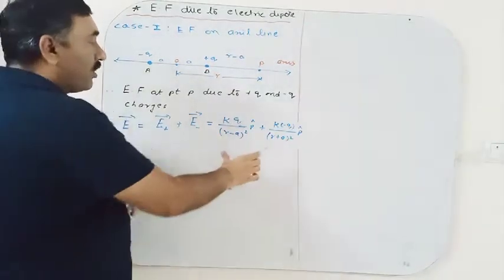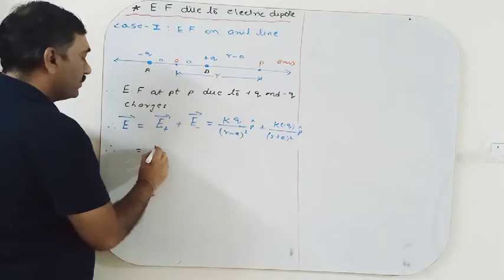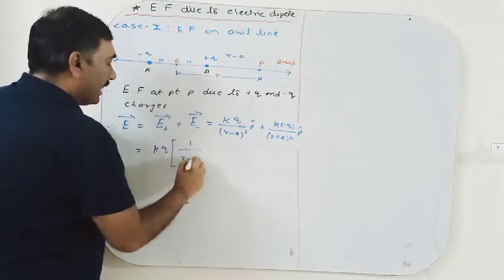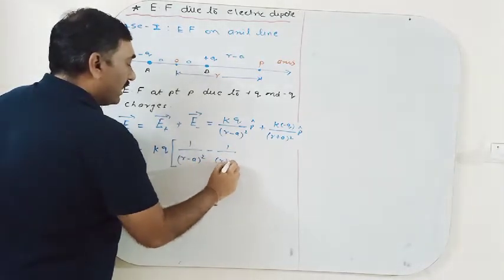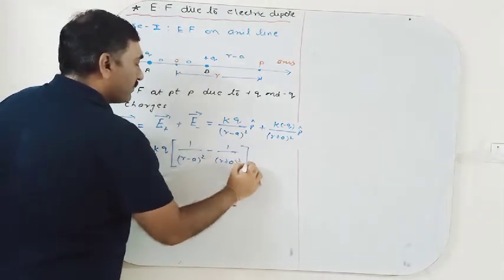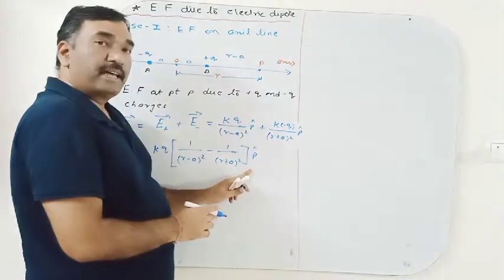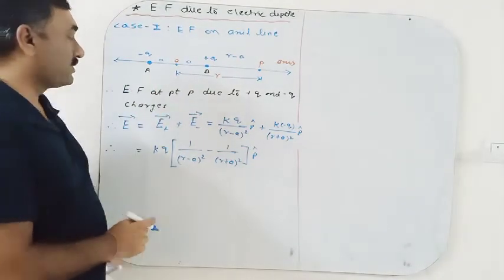What is common between these two terms? kq is common, so we get kq times 1 upon r minus a whole square minus 1 upon r plus a whole square, in the direction of p caret. The p caret is used to determine the direction of the electric field, because it is from negative to positive.